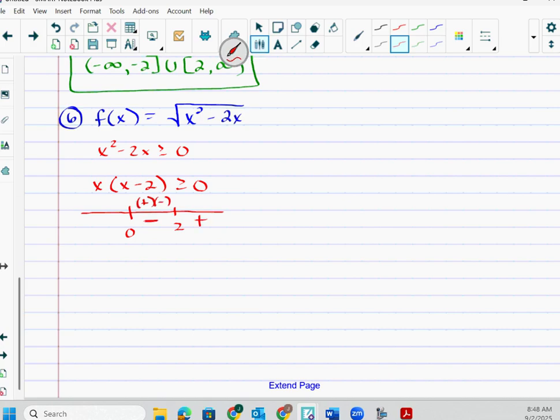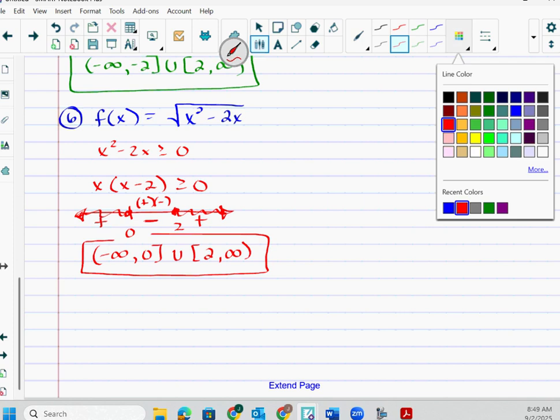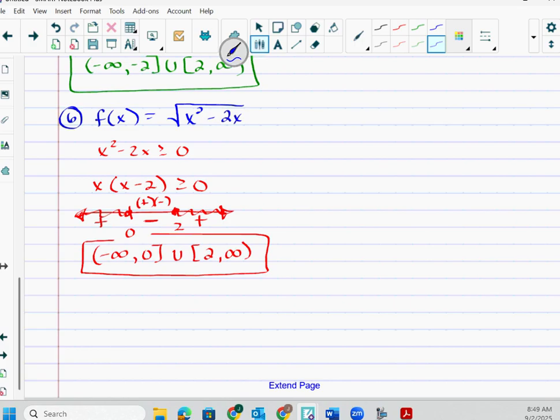This will alternate. I want the positive parts. So negative infinity to 0, union bracket 2 to infinity. Okay. All right, let's try again.